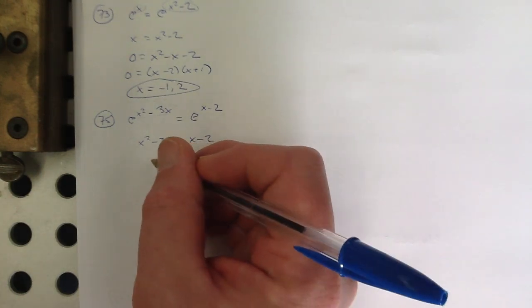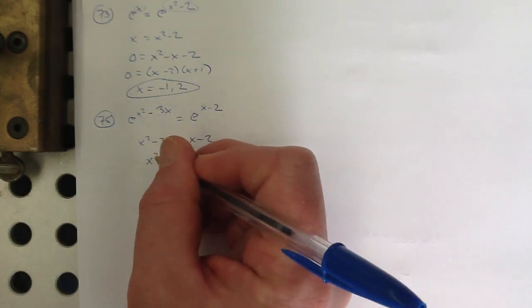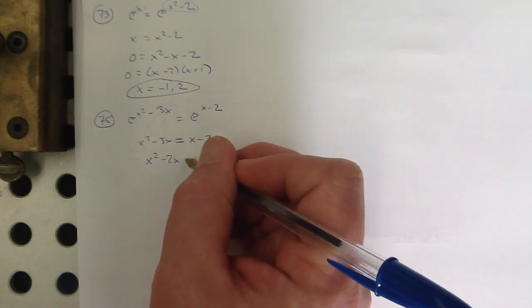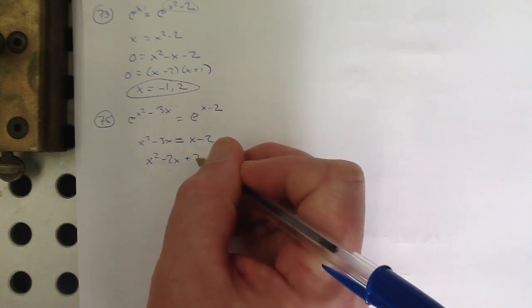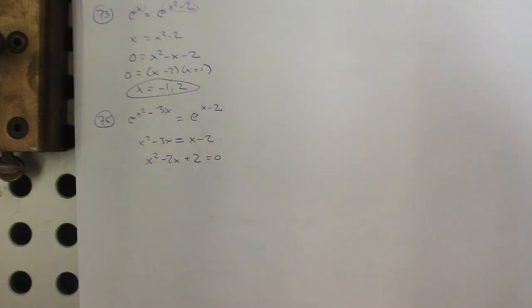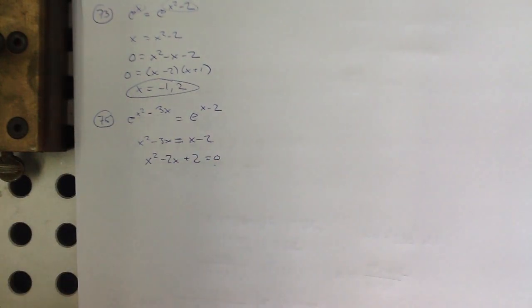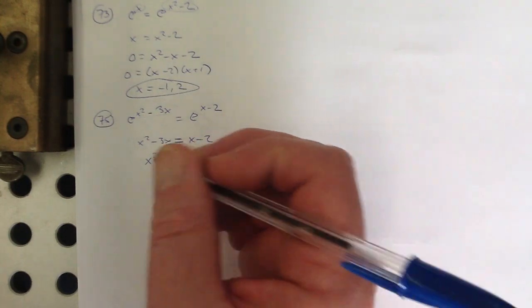Oh, maybe this one doesn't factor. Dang it. So x squared plus x, I'm adding that to this side, and then add the 2. That does not factor. I think this might not have any real zeros either. So if I recognize that this doesn't factor, I'm going to go quadratic formula on this.